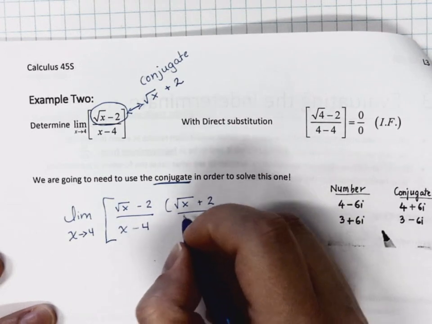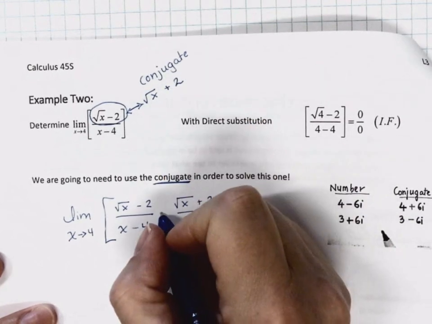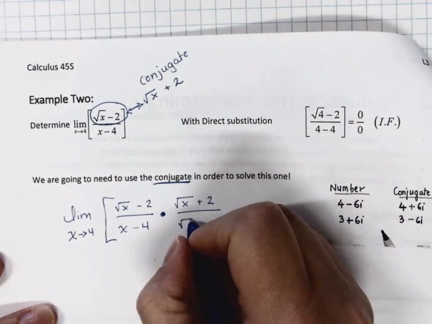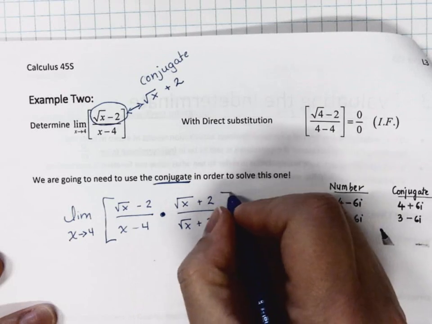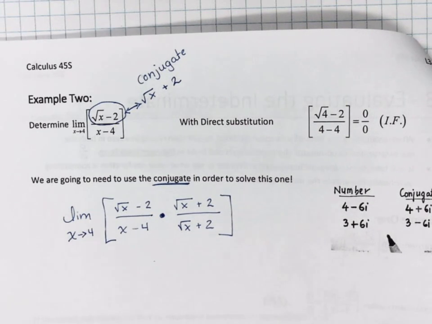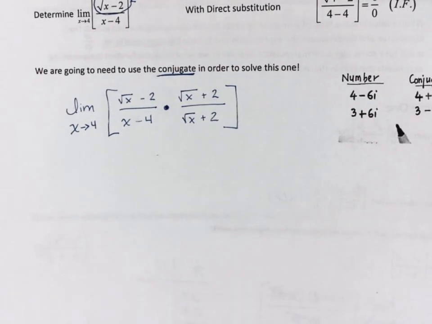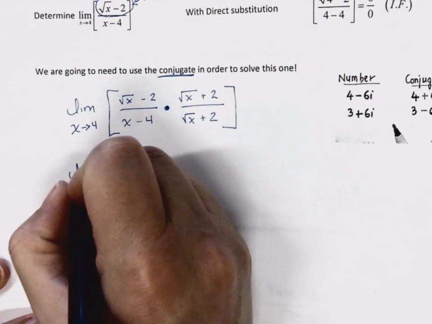I'm just going to put a multiply sign in between them, because we know this one has a value of 1. You can't just do it to the numerator because that's bad math. That's going to change the value. That has nothing to do with being in a limit or anything. We just never do that. Okay, so now we're going to multiply.